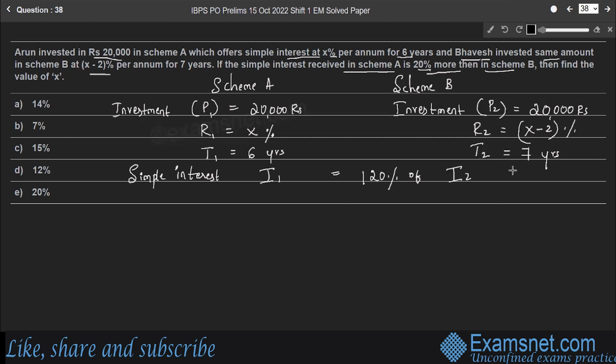Now, simple interest in scheme A, I1 is P1, R1 and T1 divided by 100, whereas 120% of I2 means 120 by 100 into I2, which is P2, T2, R2 by 100.